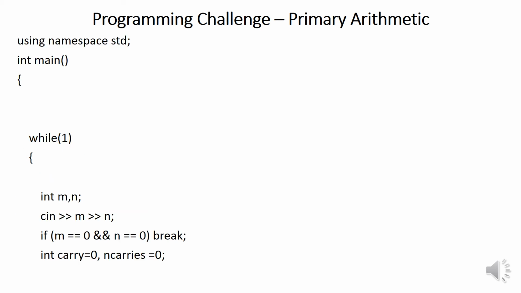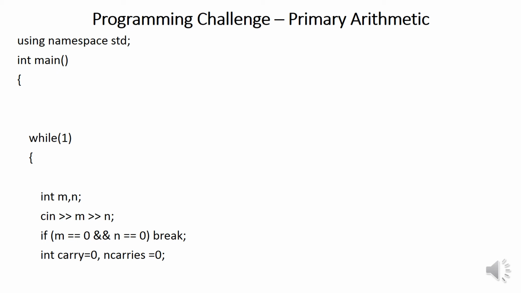Because in the last batch, the B.Tech students in their third year executed all those programs. So in that we take using namespace std; this we compulsorily take in our program.